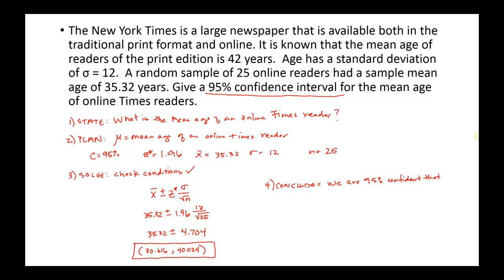So we're 95% confident that the mean age of an online Times reader is between, and I'm going to give the bounds of my confidence interval, 30.616 and 40.024 years.